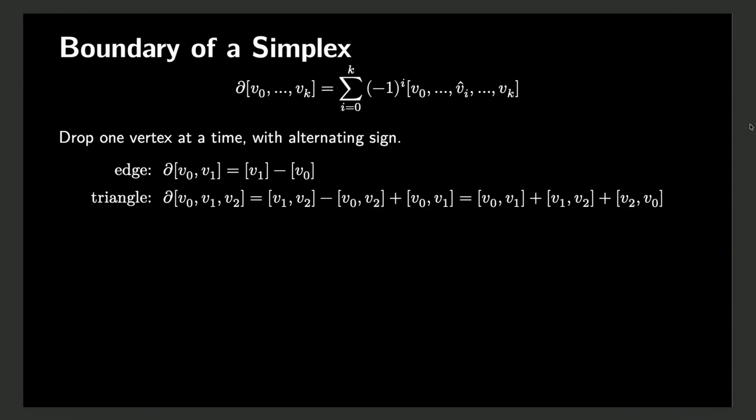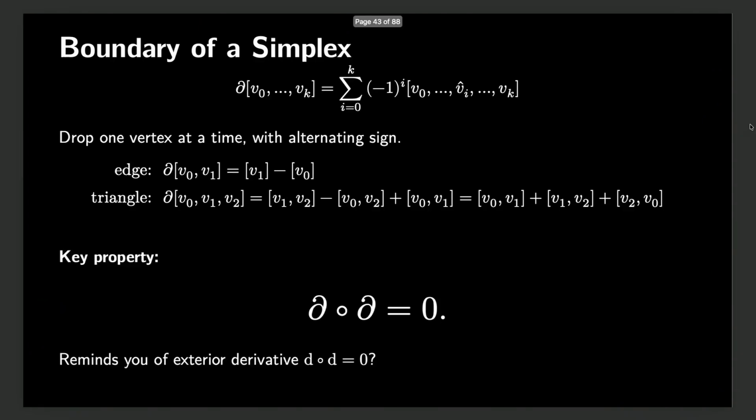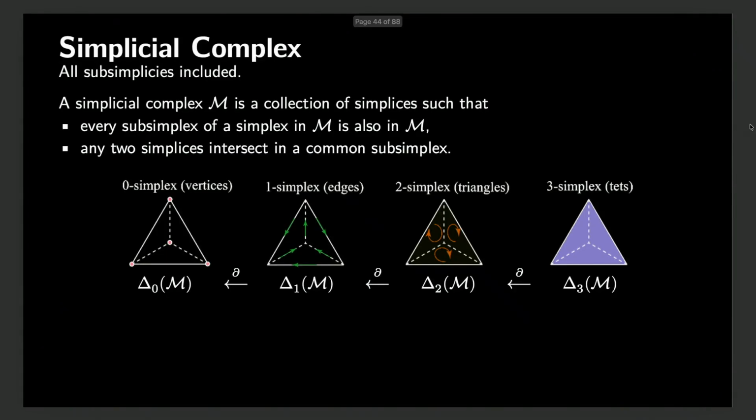We can absorb the minus sign and swap these two, and then we see that these edges really do provide a consistent orientation path along the triangle. The most important property here is that the boundary operator applied twice is 0. And this hopefully reminds you somewhat of the exterior derivative. We will see what's up with this.